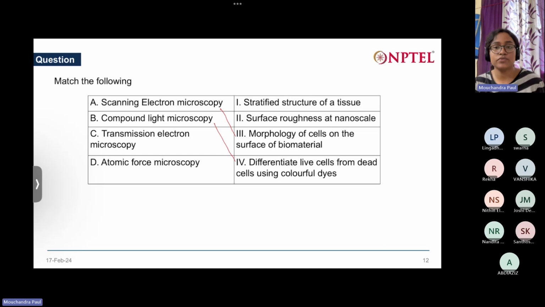TEM can be used for which of these applications? First. You're correct. And then we are left with D, which matches with option number 2. So all of you are correct. Is there any doubt in understanding why these options are correct from anyone?